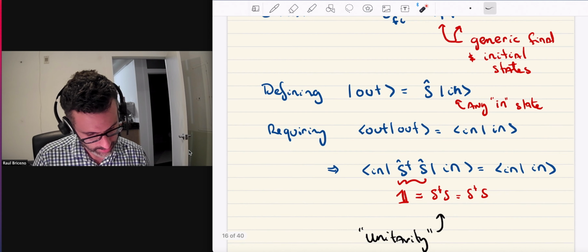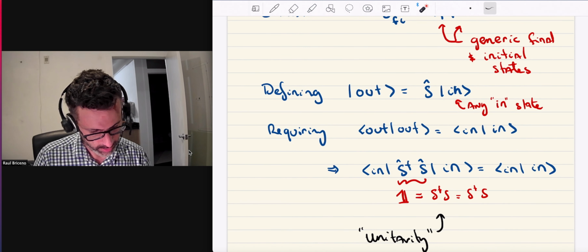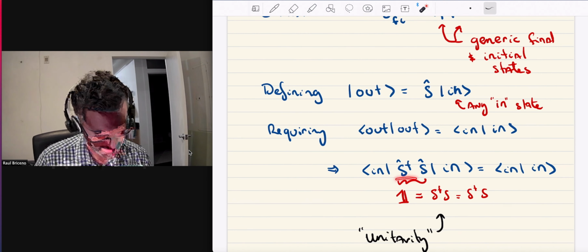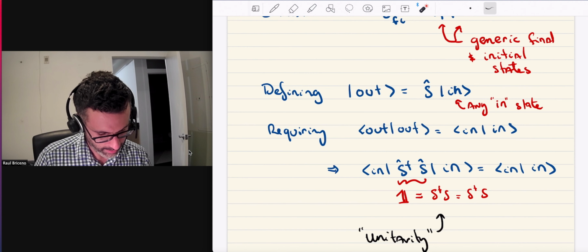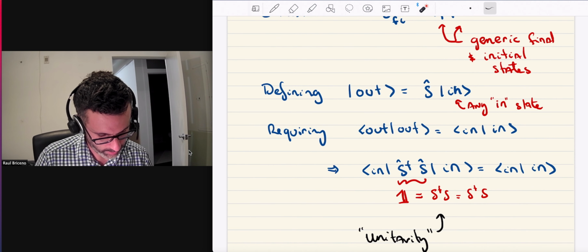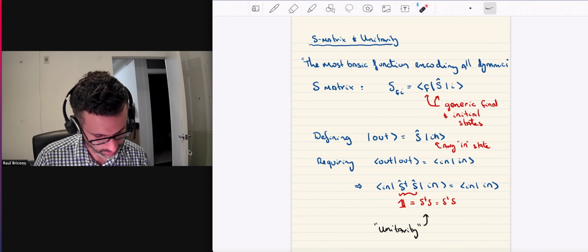This tells us that if I rewrite this in terms of the evolution operator acting on the initial state, I get an S dagger S, and this has to be equal to 1 for this equality to hold. So therefore, this matrix has to be unitary.